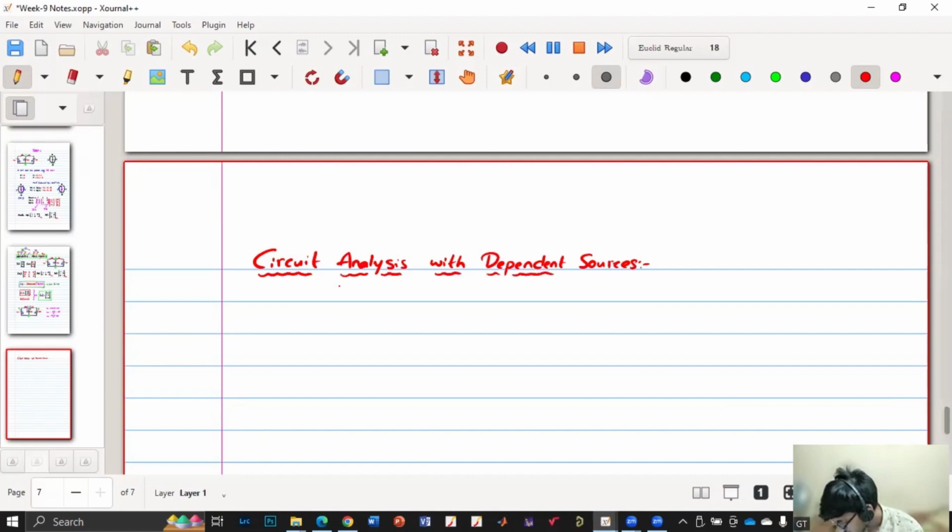So what are dependent sources? Dependent sources are like its magnitude, whether it could be voltage or current, is dependent on voltage and current in some other branch.